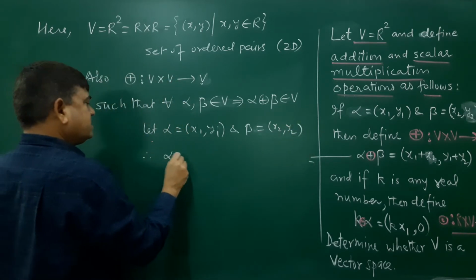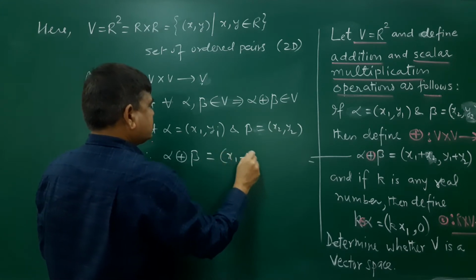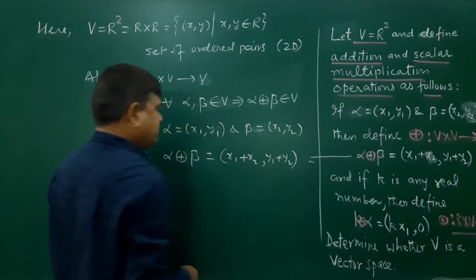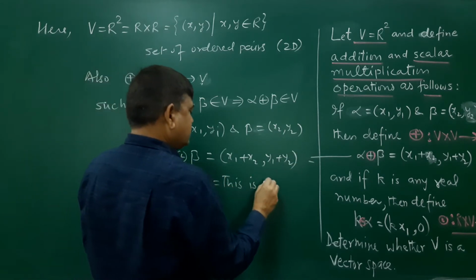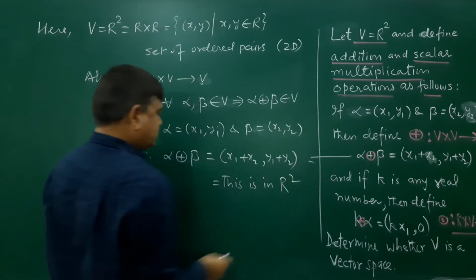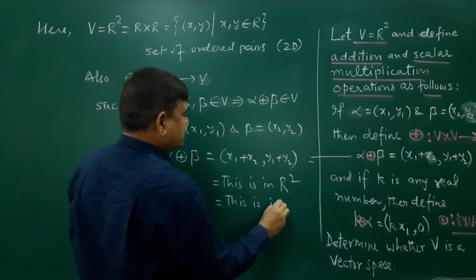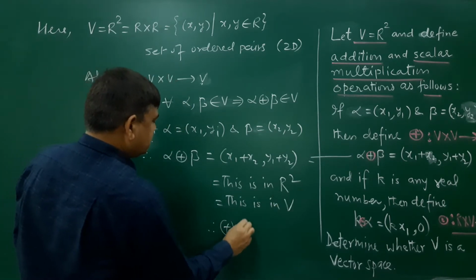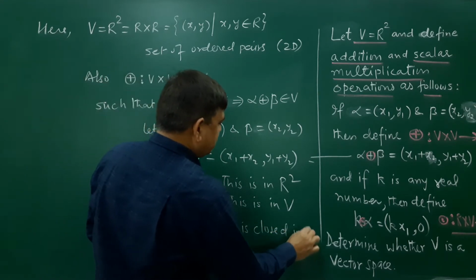The operation is given, so it is (x1 plus x2, y1 plus y2). This is in R square, that means this is in V. Therefore, this is closed in V.